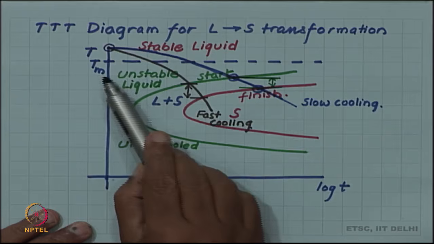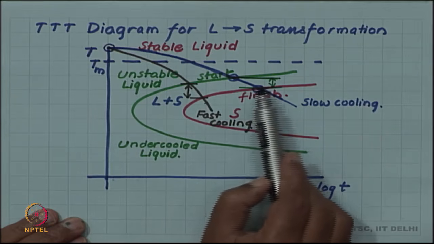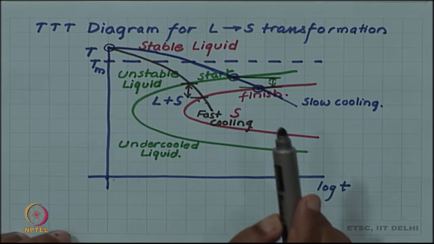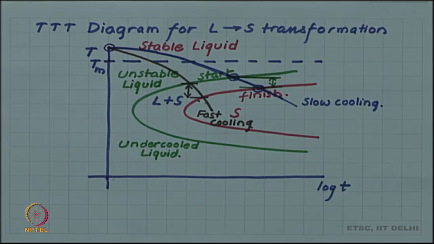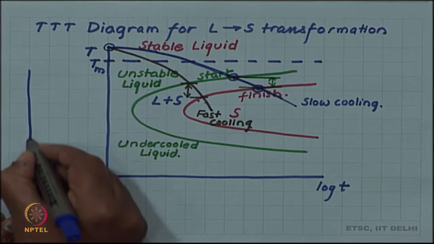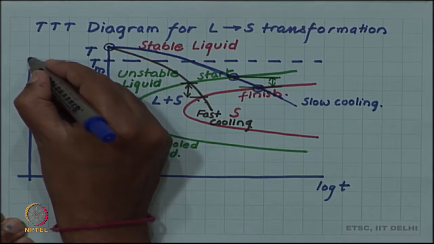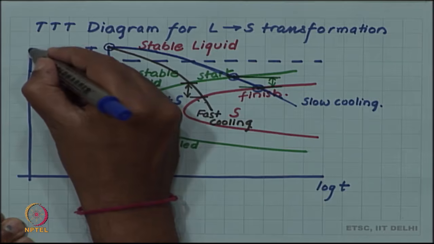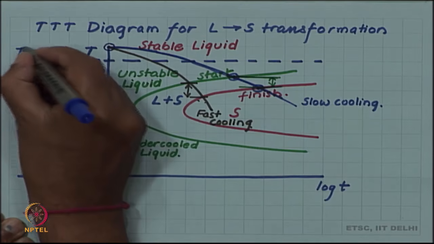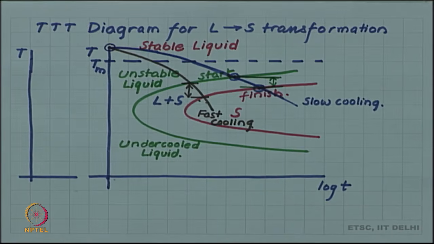So, on faster cooling, the temperature range over which the transformation happens is lower than in slower cooling. This you can then relate with your nucleation and growth rates.